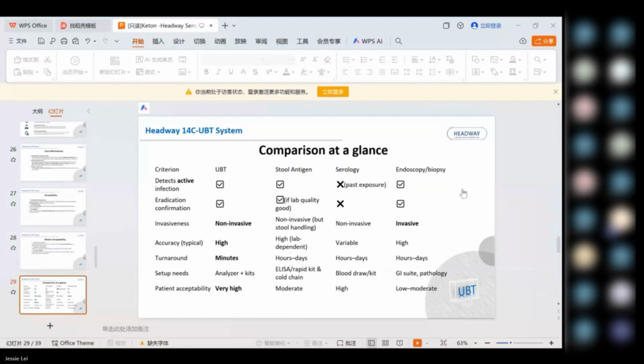Because if H. pylori is present in the stomach, it always produces the urea enzyme. And if urea enzyme is present in the stomach, it means H. pylori is present in the stomach. And with our UBT, we can identify that.